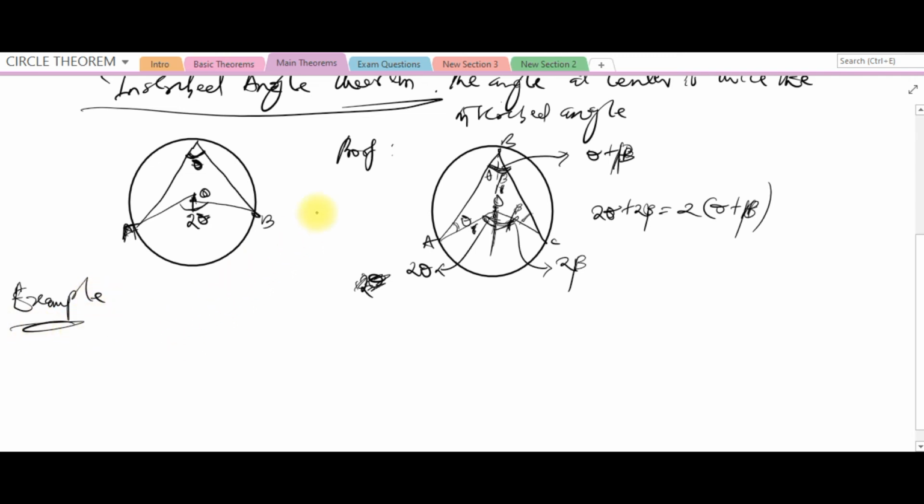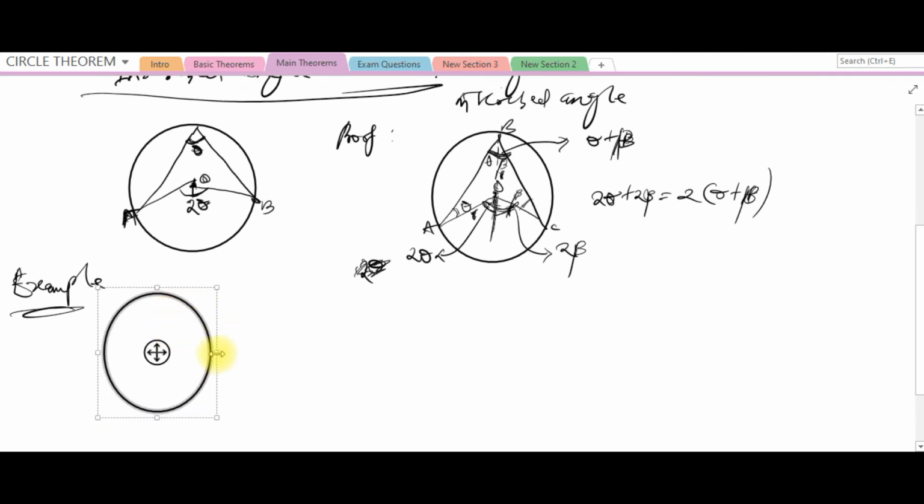Assuming you are given a circle with center O. Here we are given x plus 10. We are given 3x here.